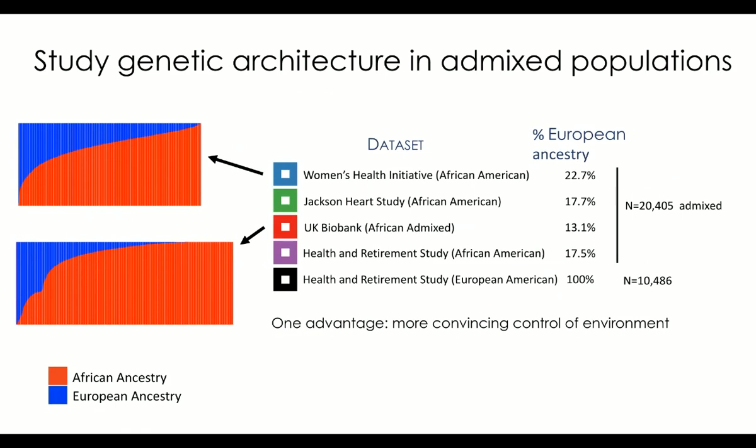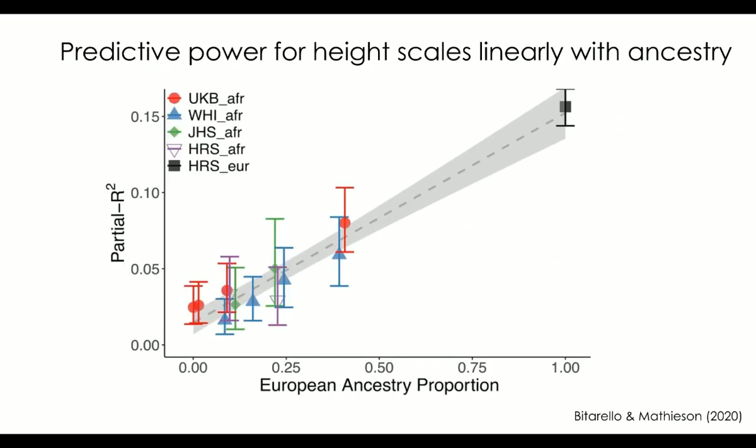What Barbara did was to compute polygenic scores in these individuals based on a European GWAS, in particular UK Biobank, and then ask how the predictive power of those polygenic scores varies with ancestry. We split each of these cohorts into equally sized sub-cohorts, and the x-axis shows the proportion of European ancestry in each of these sub-cohorts.